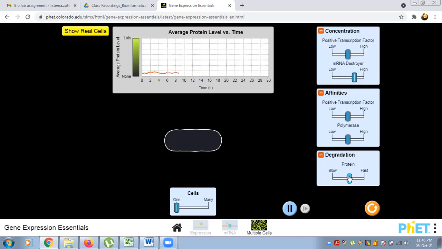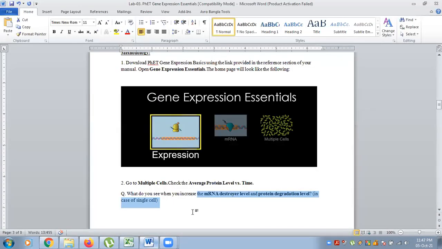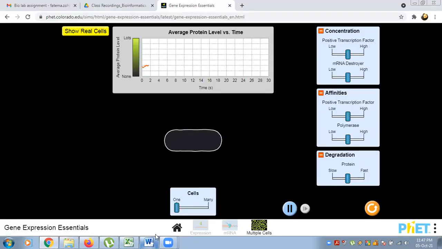So what you need to do is to see the protein level versus time when you increase the mRNA destroyer and when you increase the protein degradation rate. Take the screenshot of the process or just the graph, paste it to your manual, and discuss what you have seen. For example, I have seen that when I have increased the mRNA destroyer, the protein level in this graph is going down, right?